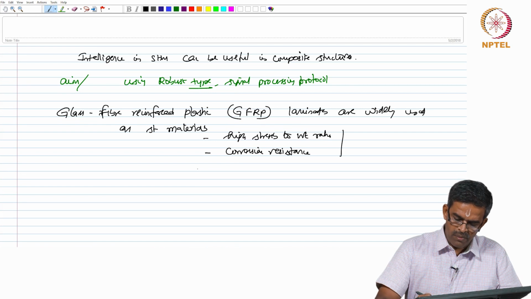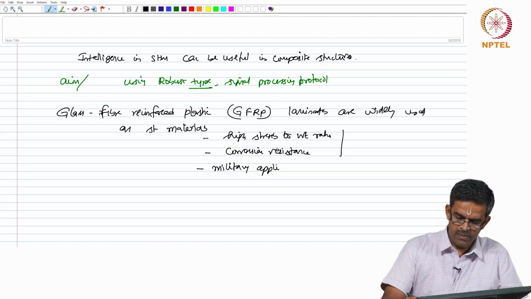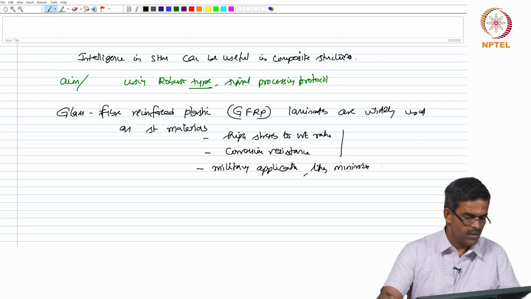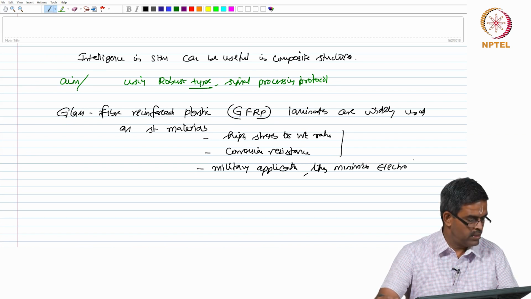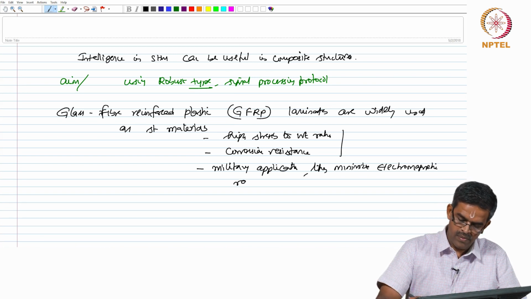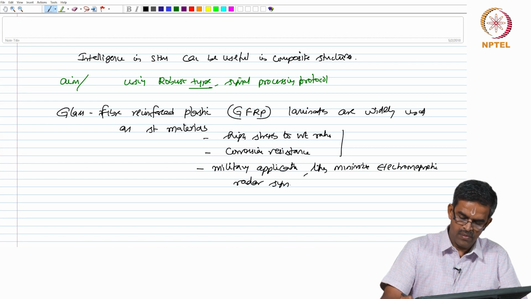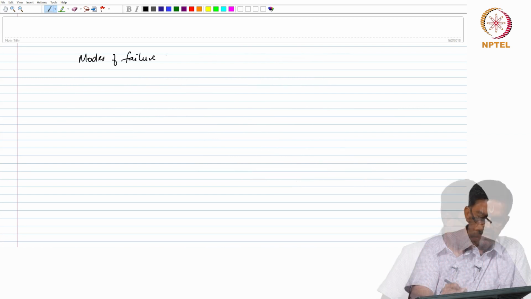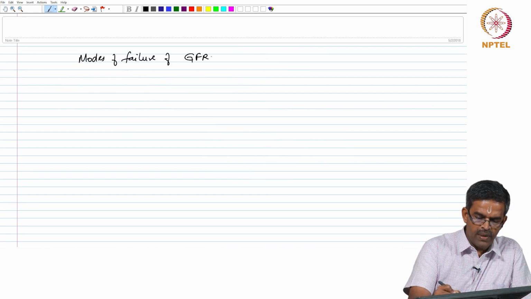They are also useful in military applications because they minimize the electromagnetic radar signature on underwater vehicles made of GFRP.